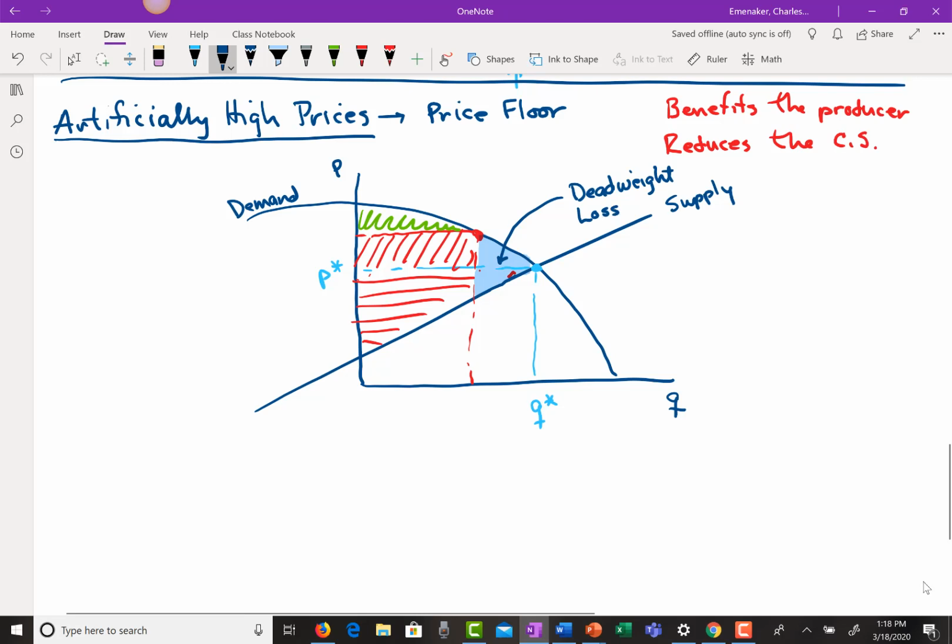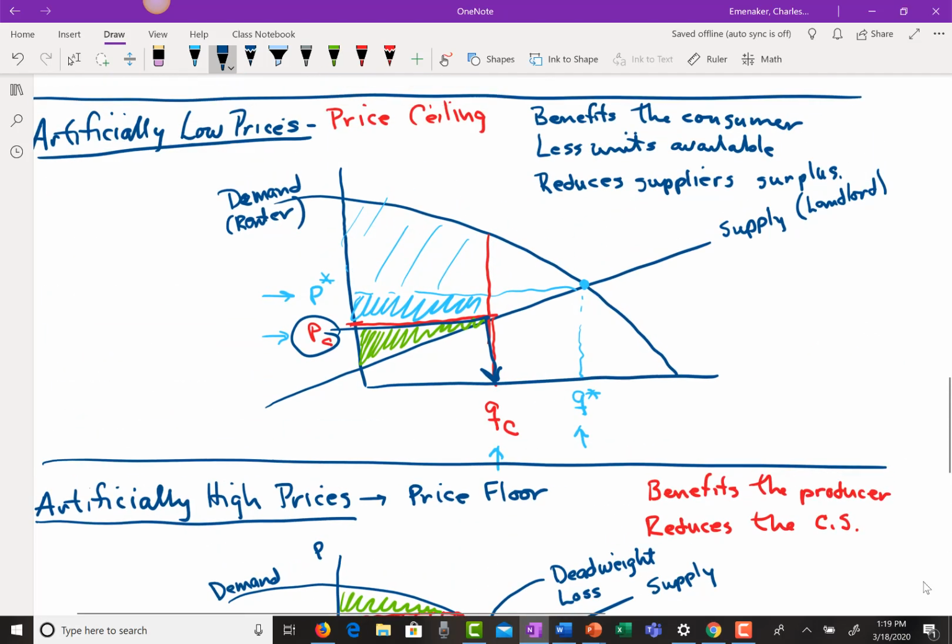Okay, so for this particular graph, that's money that is lost either to the producer or to the consumer. So that's money that's taken off the table. Neither side gets that. And the hope is that the dead weight loss will be less than the benefit to one side or the other.